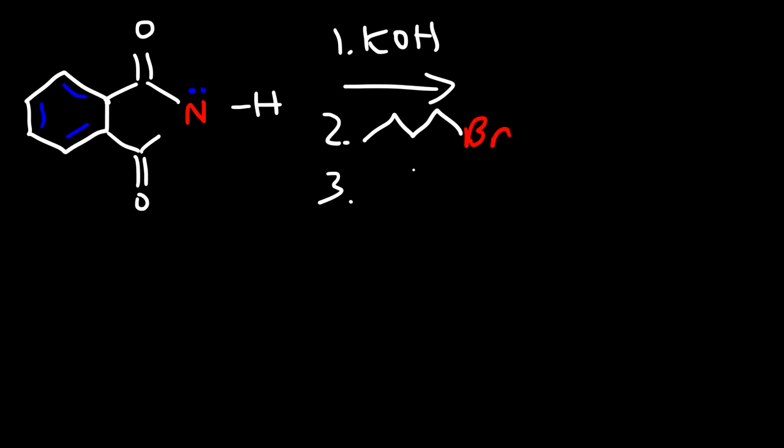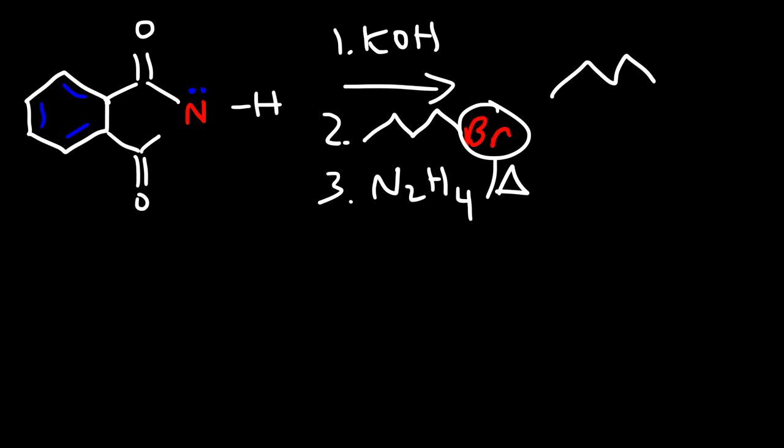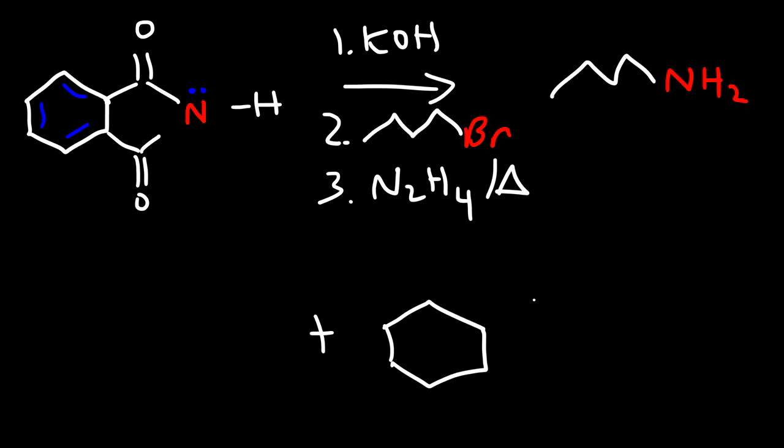And finally, we're going to use hydrazine. You can write it as N2H4 or H2N-NH2 with heat. What's going to happen is we're going to replace the bromine atom with an NH2 group. So this is going to be the main product. We have butylamine, and the side product that we're going to get will look like this.